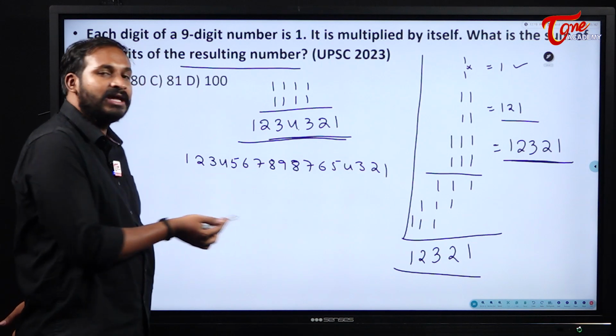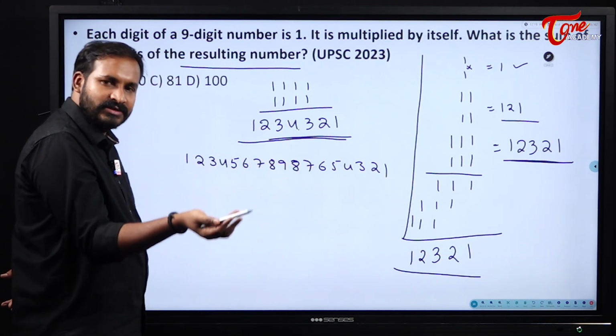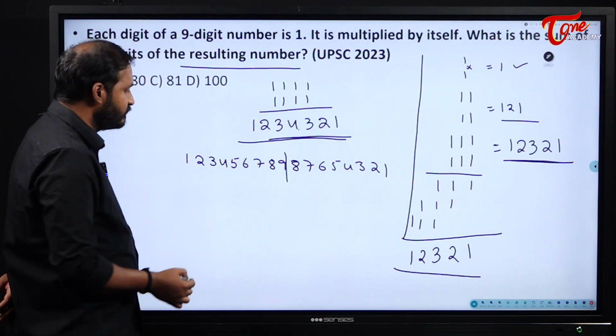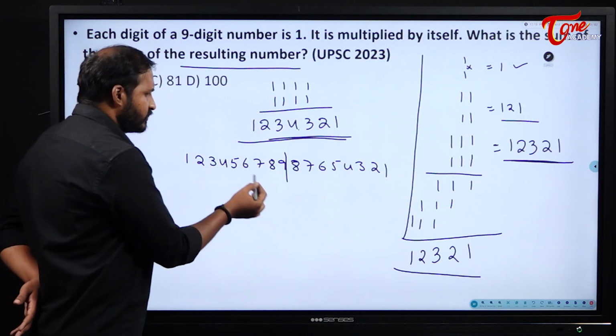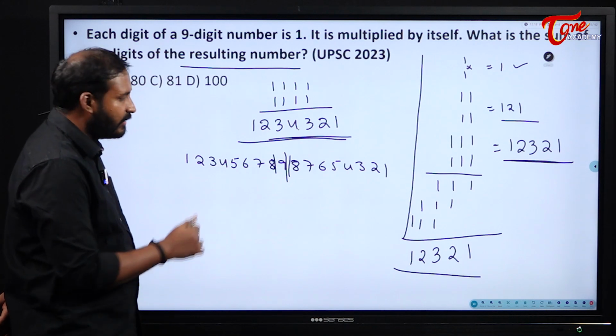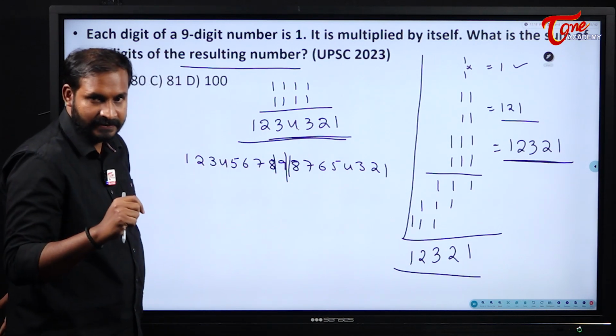Now the sum of all the numbers in this one, you can add like this, or else you can do it in the general manner also. Sum to 9 terms, n into n plus 1 by 2, you can use that formula also. There is no wrong in that. But calculate till 8 and multiply it for 2 times and add plus 9, because 9 was there for only once.